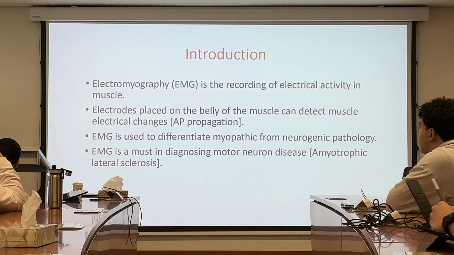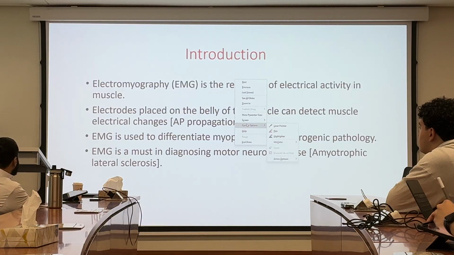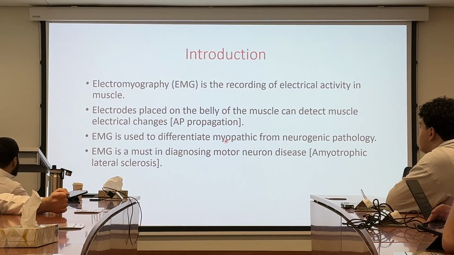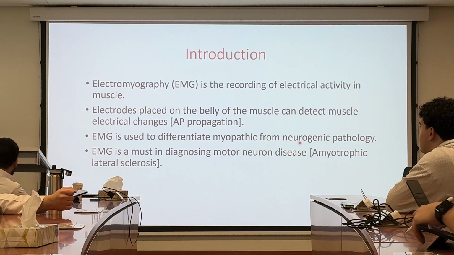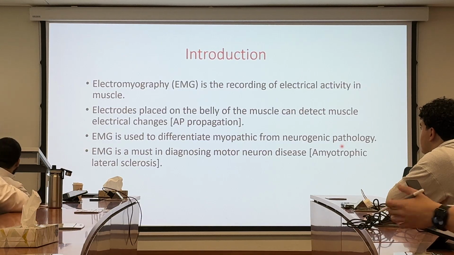Why would you want to do this? You want to find out whether that patient's muscle weakness is due to a muscle problem or not necessarily, maybe the brain. It could be the spinal cord. So it could be a neural problem, a nerve problem, a neuropathic problem.